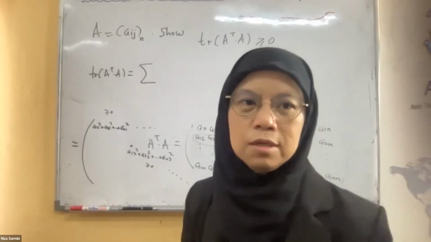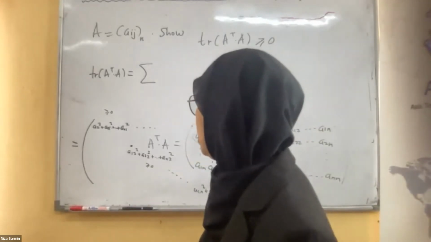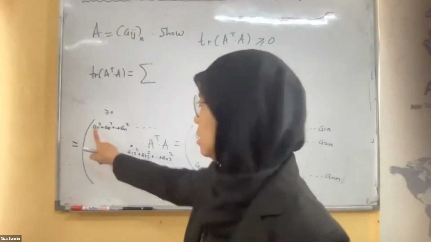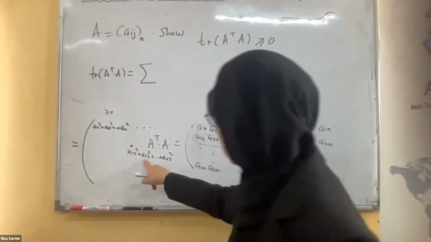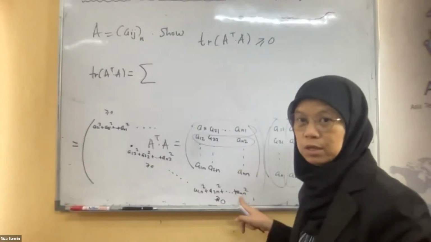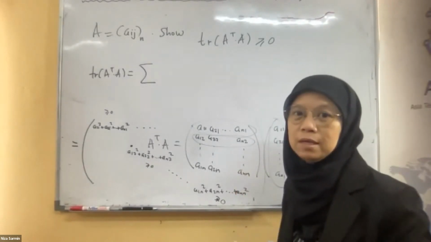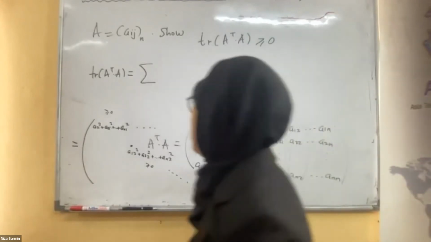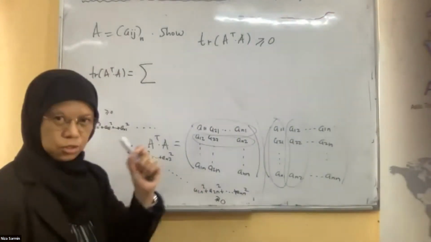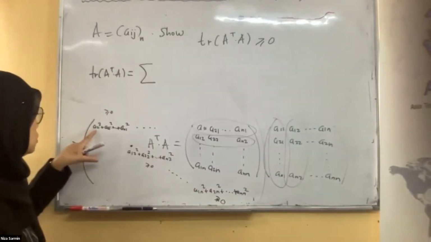I wanted to see in detail actually when you put like that, you only get this, right, Shiham? You only get A11, A22 until ANN. But actually we get the whole bunch of the same thing. So it's not very easy to write this formula in a short form like summation.